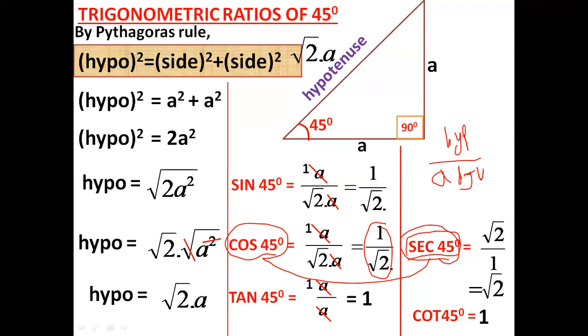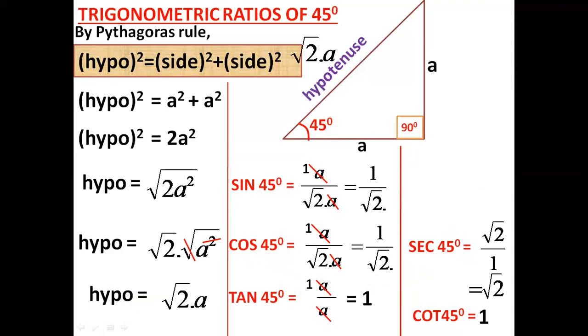Here hypotenuse means root 2 into A, and the adjacent side is A. So A cancels with A, and root 2 into 1 is root 2. Again you get root 2. So through the definition also you can get root 2. So secant 45 value is root 2.